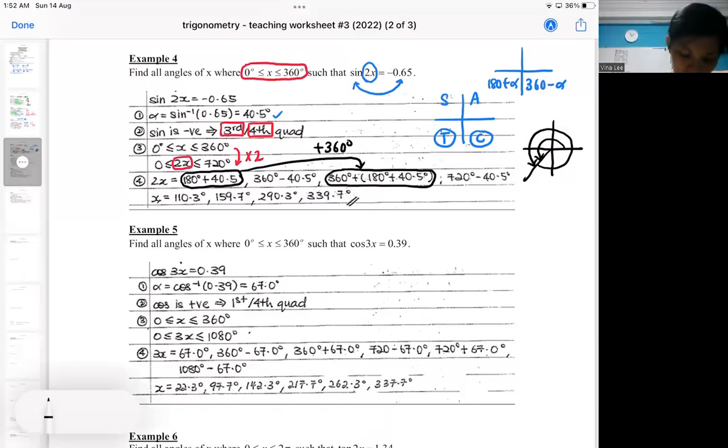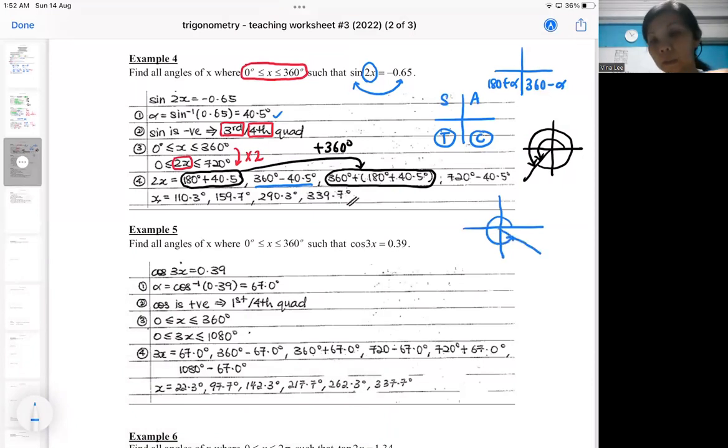Now the fourth quadrant is 360 minus alpha. The first time you are here, it looks like this. So this is 360 minus alpha. You go one more round, so that's why you add a 360.